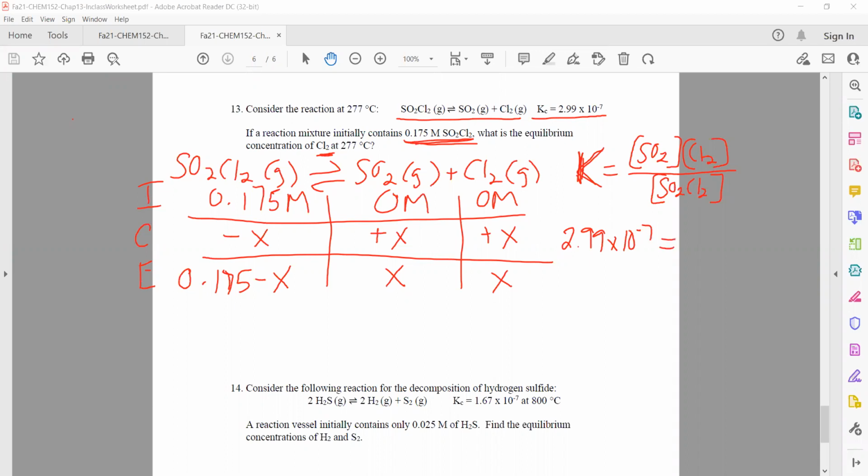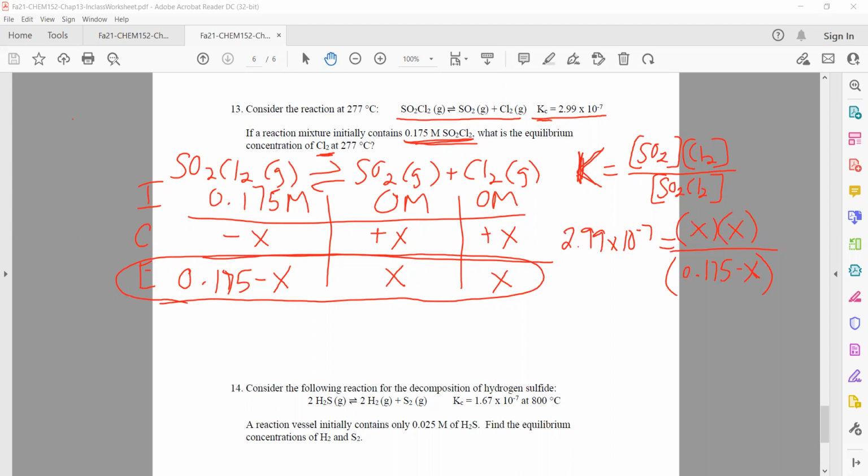Then if we plug this row's values into our equilibrium expression, we have x for our concentration of SO2, x for our concentration of Cl2, divided by 0.175 minus x. Okay. In this case, we can actually make our lives easier.